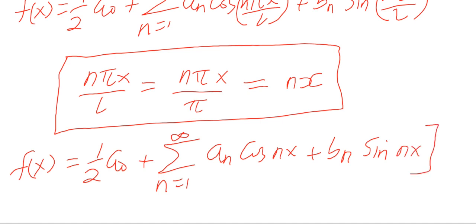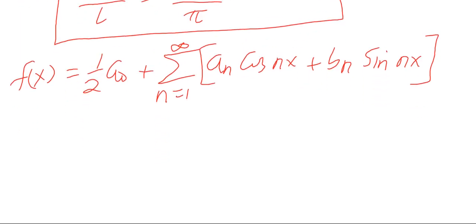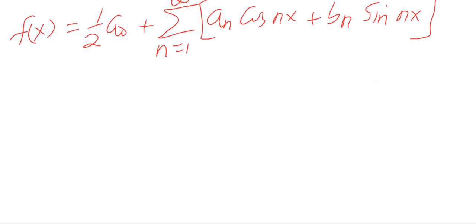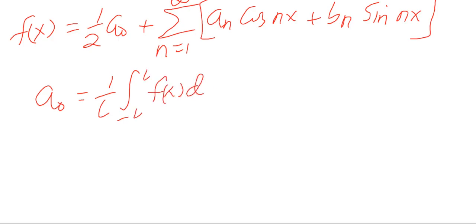So we can have it simply as that. So now, when we write a naught here, it is defined by 1 over L integral from minus L to L f of x dx.